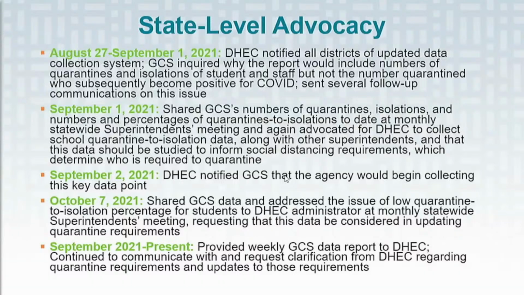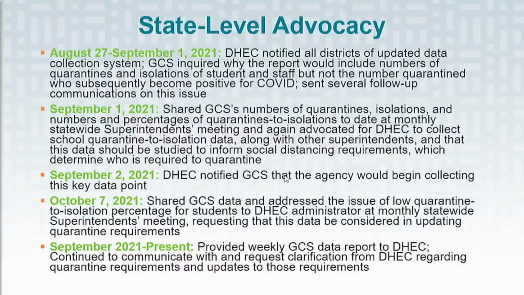I think they started, if I recall, with a sample group of districts, but they now collect from all districts. On October the 7th, we shared our data and addressed the issue of low quarantine to isolation percentage for students to the DHEC administration, again at the monthly statewide superintendent's meeting, requesting again that this data be considered in updating quarantine requirements.